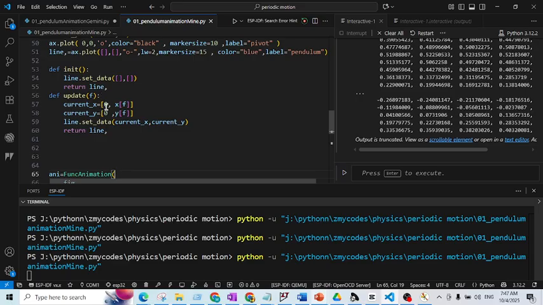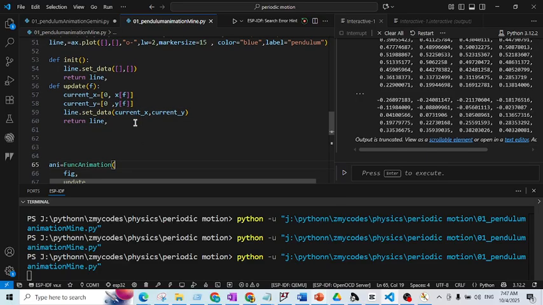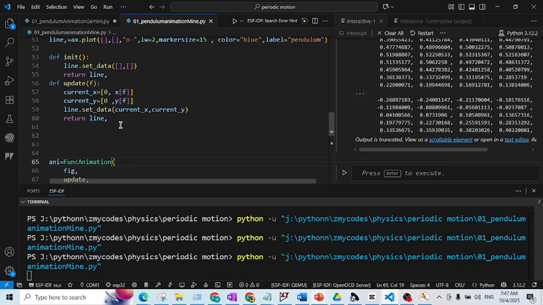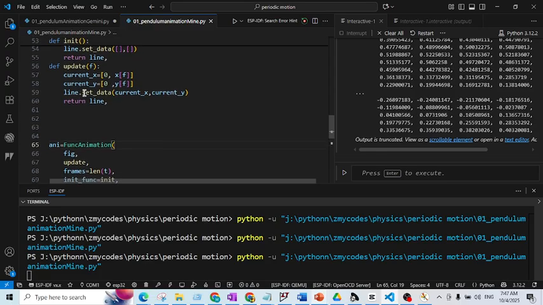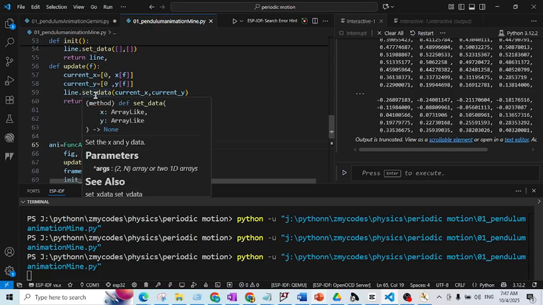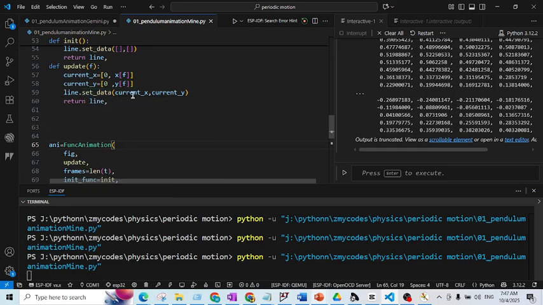This f is actually time, let's say 0.1 second. So at 0.1 second you are making the current x and current y, and then you have set the line's position.